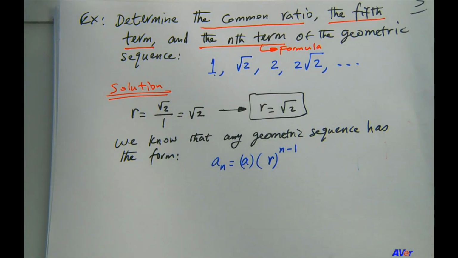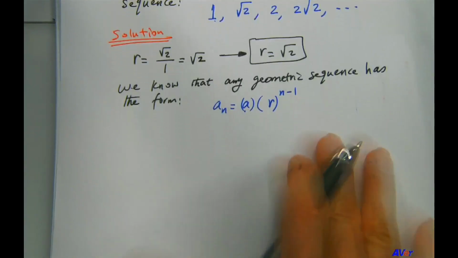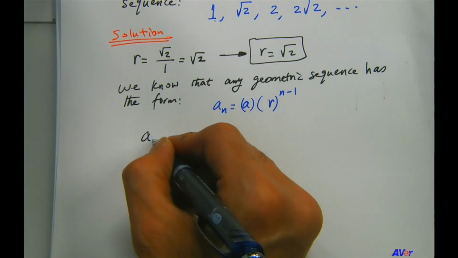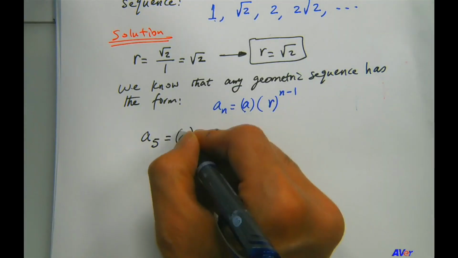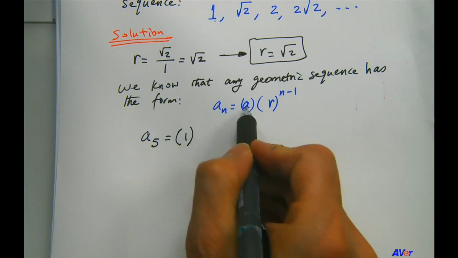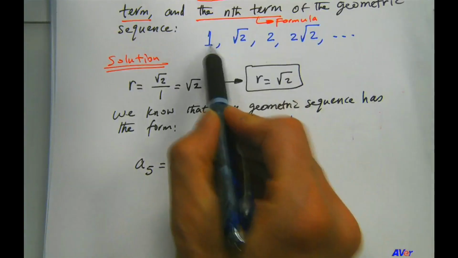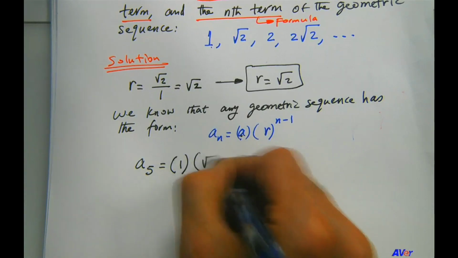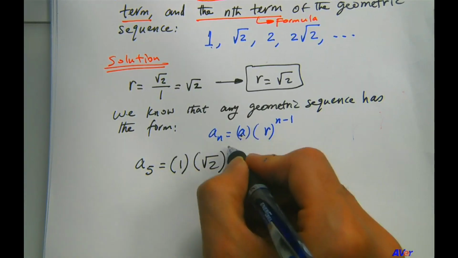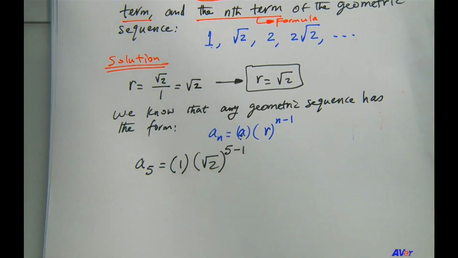So let's calculate that. a_5 is equal to 1, and that's the first term we have here, times square root of 2, which is the common ratio, to the power 5 minus 1.